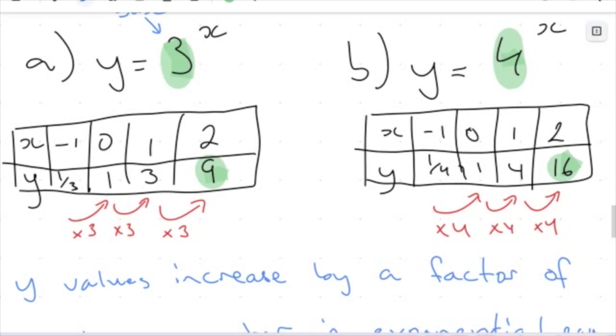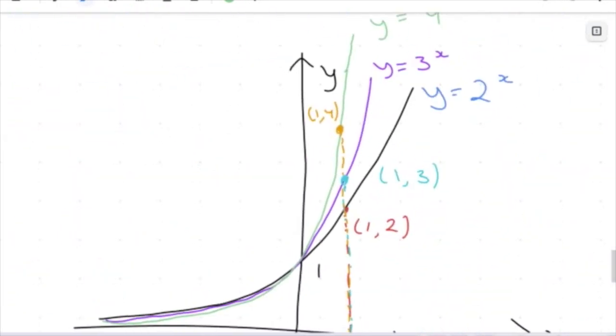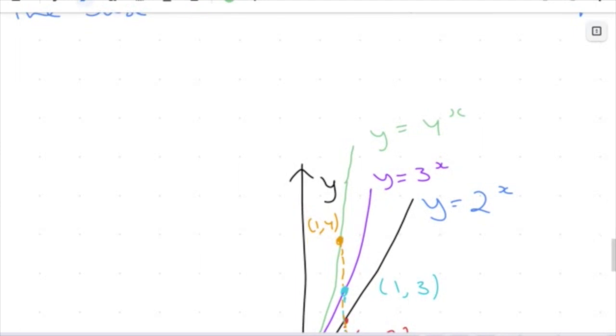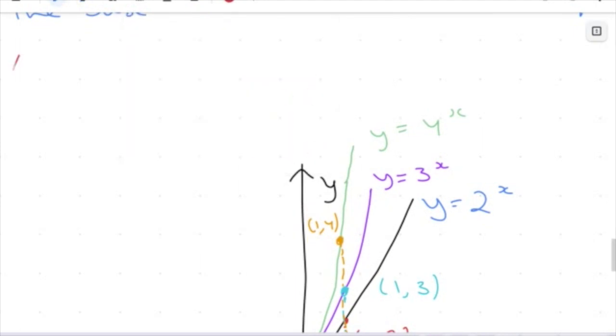As you get higher and higher in x, you will see a bigger difference in the y values. You can even try substituting in x equals 3 and see how this changes. But when you actually draw these, you get a much steeper curve as your base number gets bigger. And I'm actually going to write that down as our final key idea.